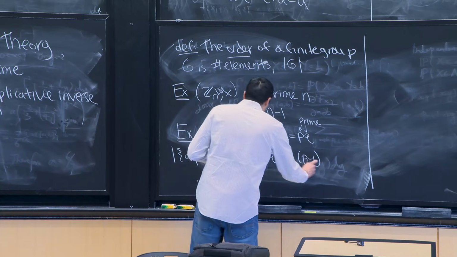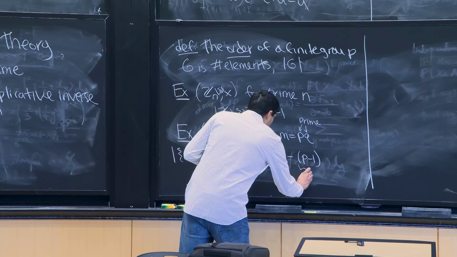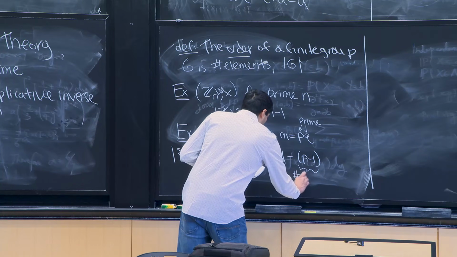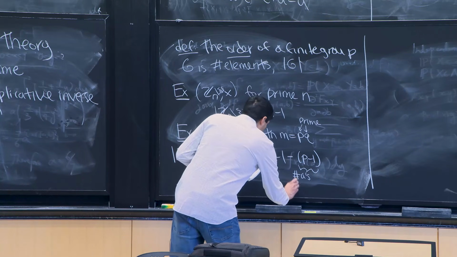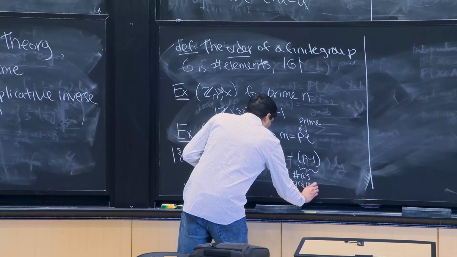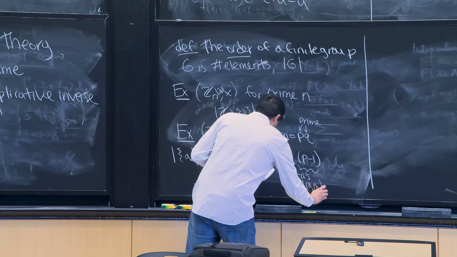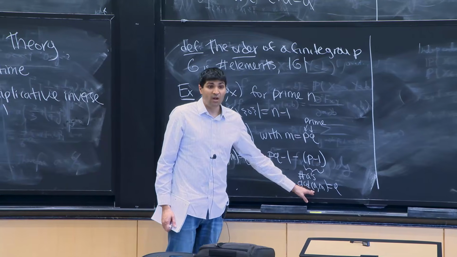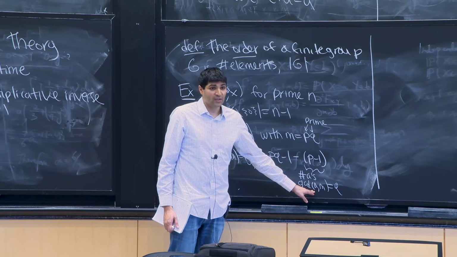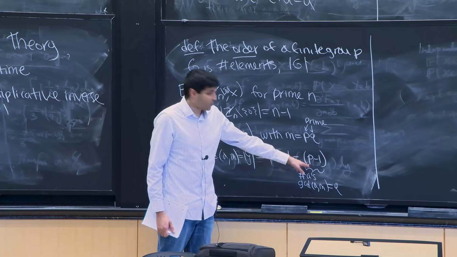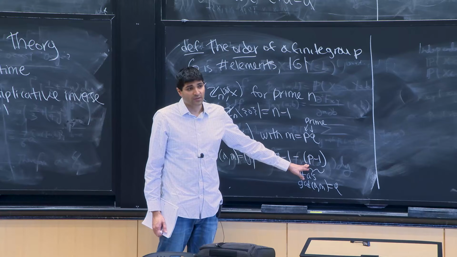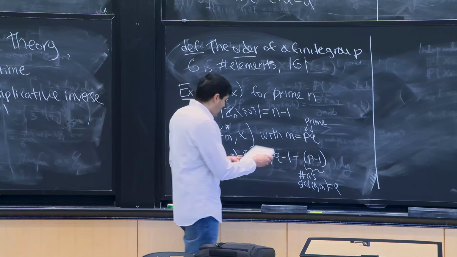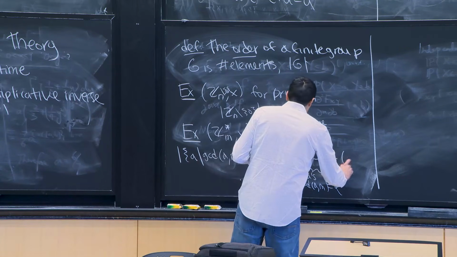And you can subtract off P minus 1. This is just the number of A's where the GCD of A and M is equal to Q. In particular, A should be a multiple of Q in order for this to be true, and then there are P minus 1 possibilities for what that is. And I can do the same thing in the other direction.